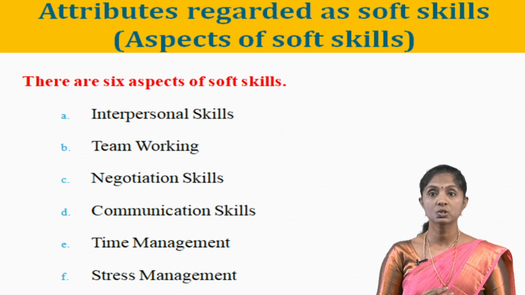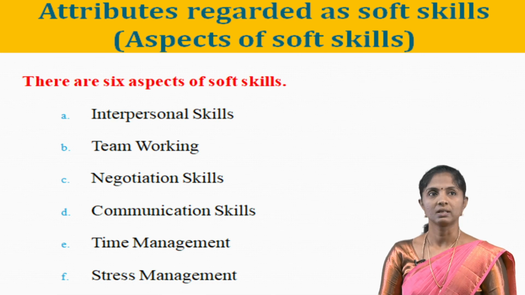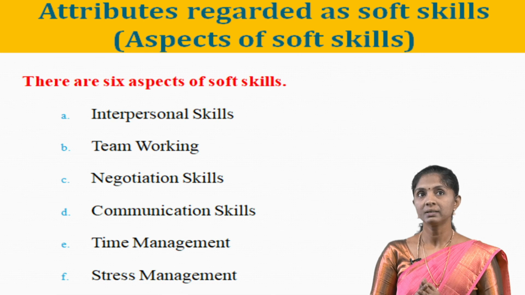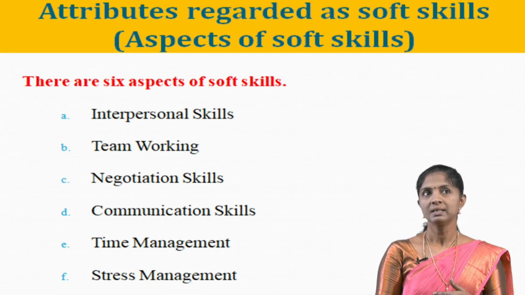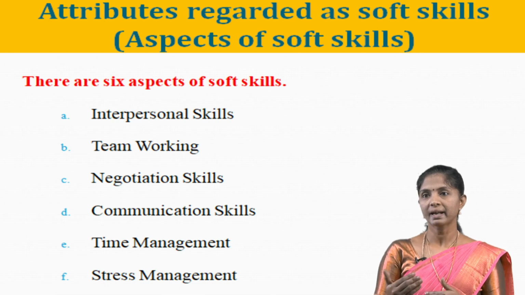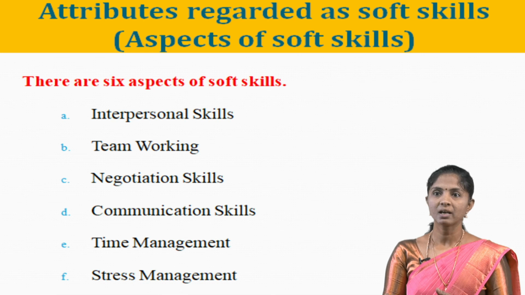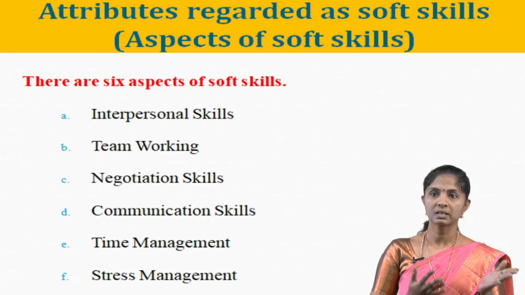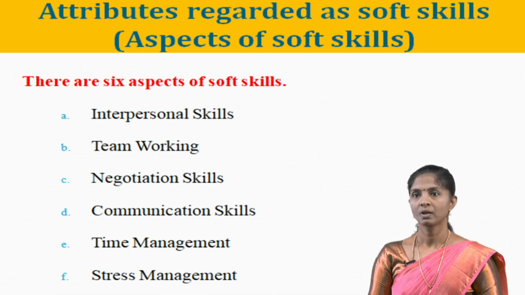Next, one of the very important aspects is communication skill. What is communication? Communication is nothing but an interrelationship between the receiver and the sender, to convey your ideas and suggestions to others. So, it is an important skill either in speech or in writing.